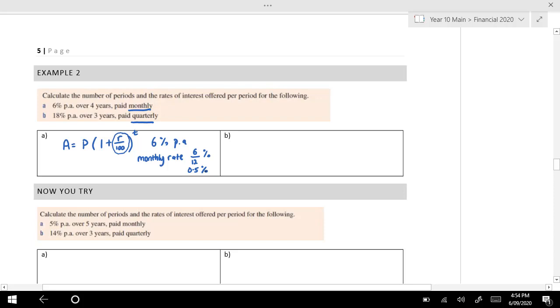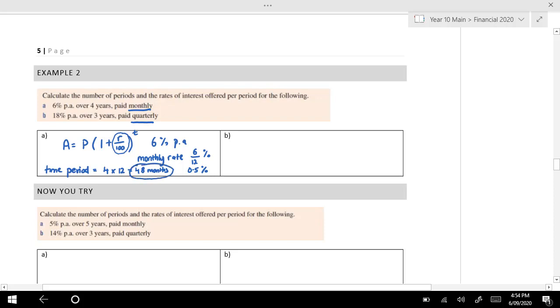Now I've got that as a percentage, so we can work that out and use it as a decimal in a second when we practice. And likewise, if I've got the monthly rate, let's have a look at our time period. Our rate is per month, so we've got to work out how many months there are. So 4 years times 12 months is 48 months. Notice that our rate is per month and our time period is also months.